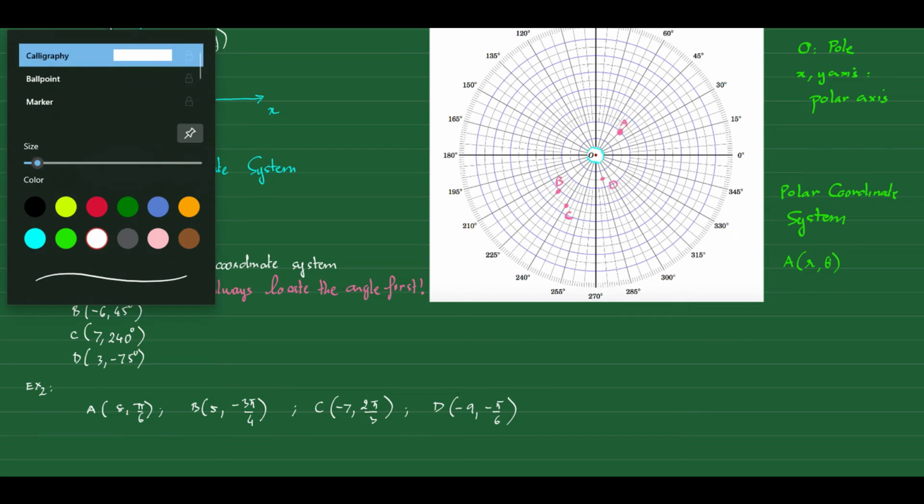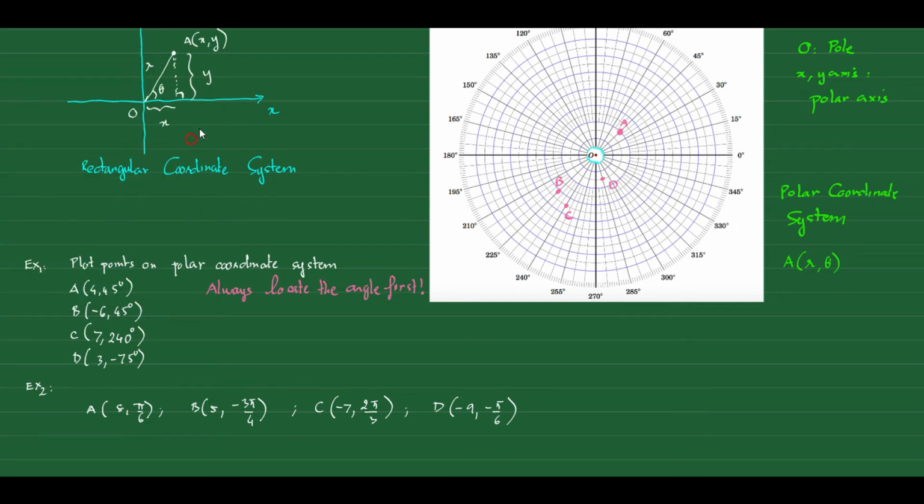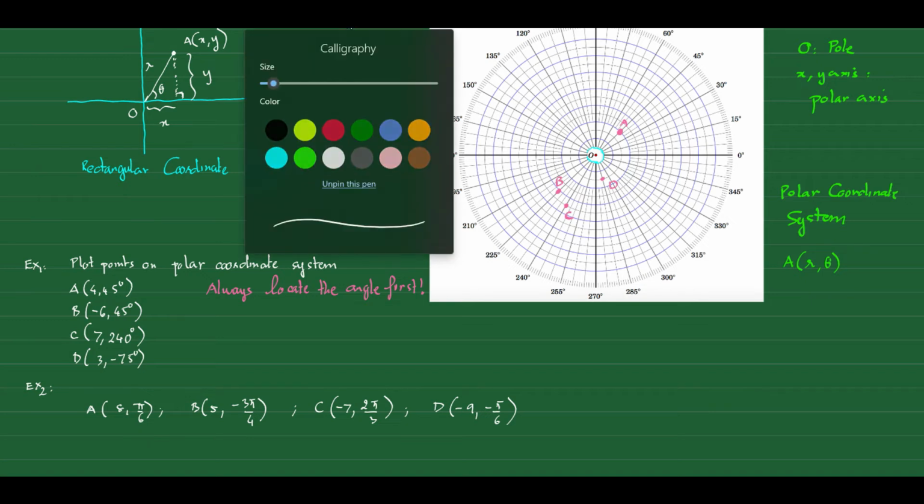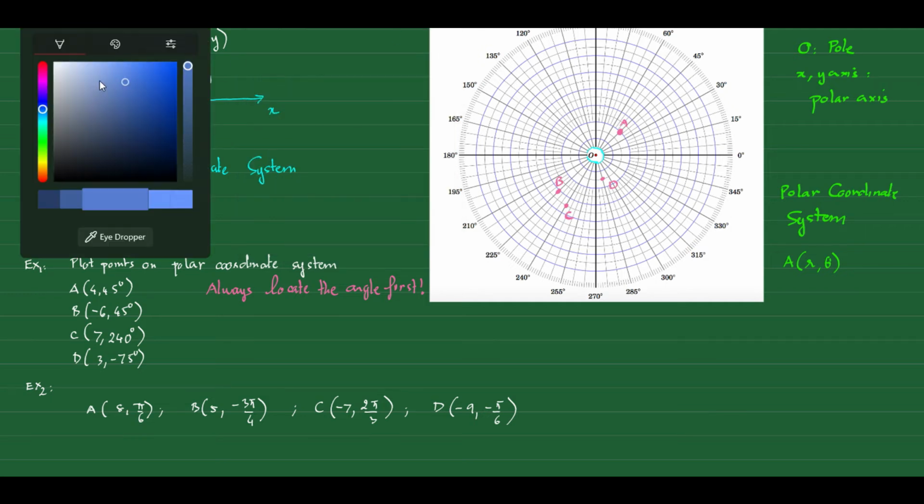You know what? I tried to get the purple. Oh, right over here, right? This is red. Now this color is not good. I try to get the purple. Let's see.